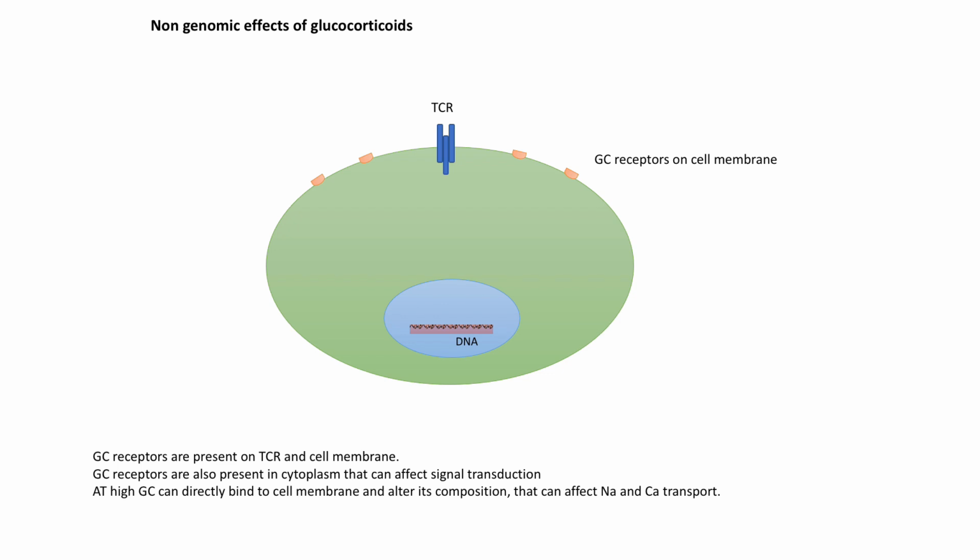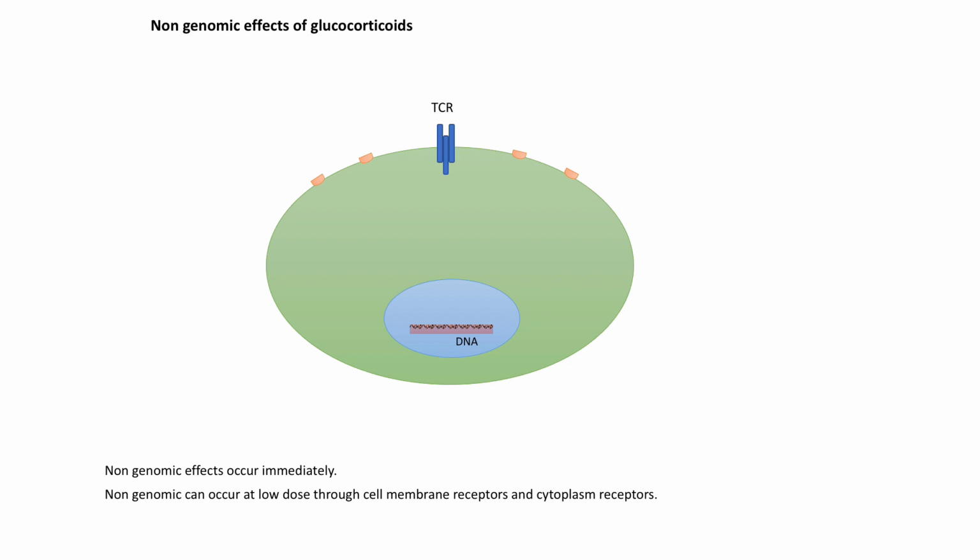So we have discussed genomic effects of glucocorticoids, and genomic effects take time to occur as they result from effects on transcription of genes. In contrast, non-genomic effects can occur within minutes. Non-genomic effects of glucocorticoid occur due to interaction of glucocorticoids with glucocorticoid receptors.